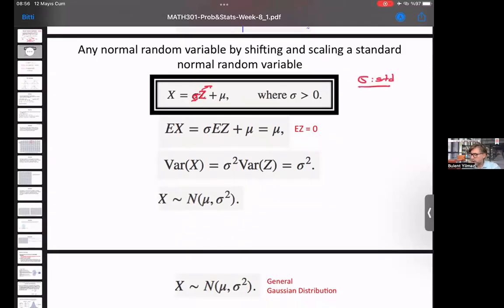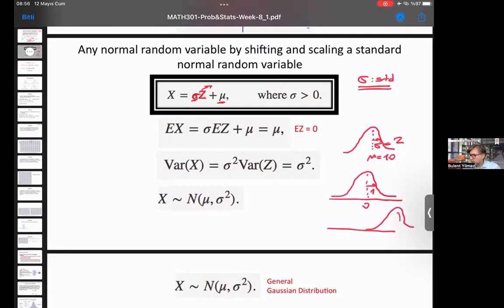And then this is the mean that you want, mu. For example, mu will be 10, standard deviation will be 2. Standard normal distribution is 0 mean, 1 standard deviation. Now it is 10 mean and 2 standard deviation.